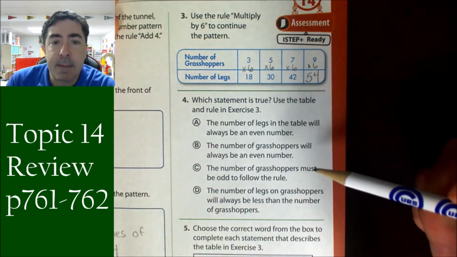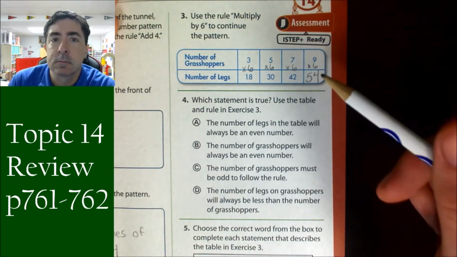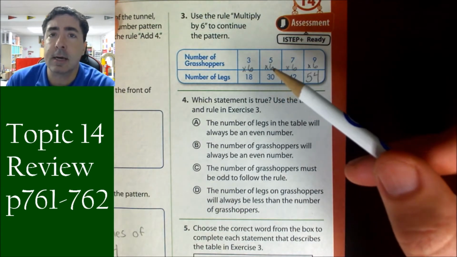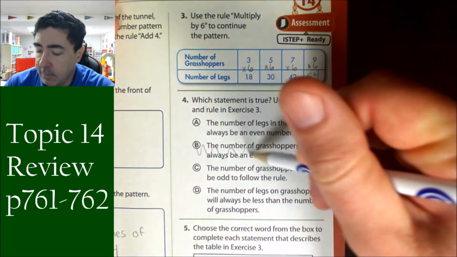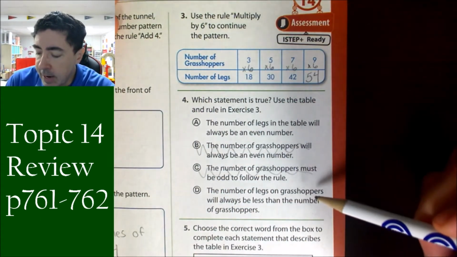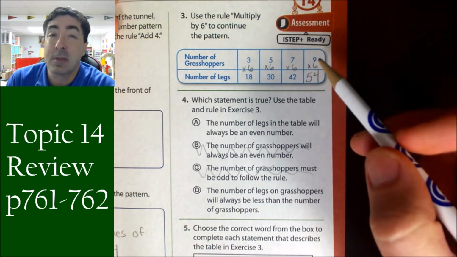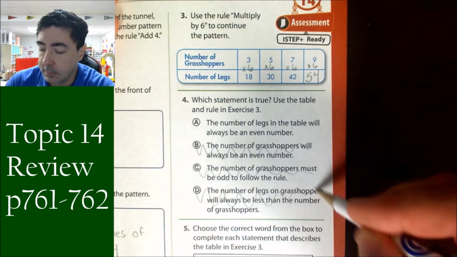The number of grasshoppers must be odd to follow this rule. No, we can still do multiply by 6 if there's 2 grasshoppers or 4 grasshoppers. So it's not that one. So I can get rid of that one, and I can get rid of that one. The number of legs on grasshoppers will be less than the number of grasshoppers. No, the number of legs is always more than the number of grasshoppers.